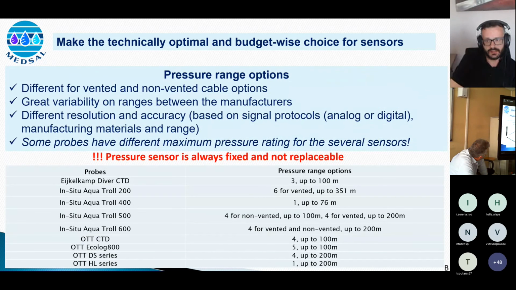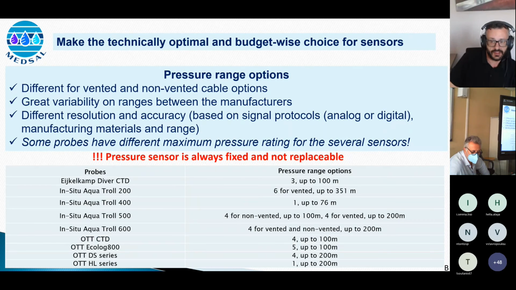Let's see some hints regarding the pressure range options that we have. Sometimes the pressure ranges for the pressure transducers are different for the vented and the non-vented cables, and this is very critical. Also, there is a great variability on the pressure ranges between the different factories, the different manufacturers, as you can see in this table below.